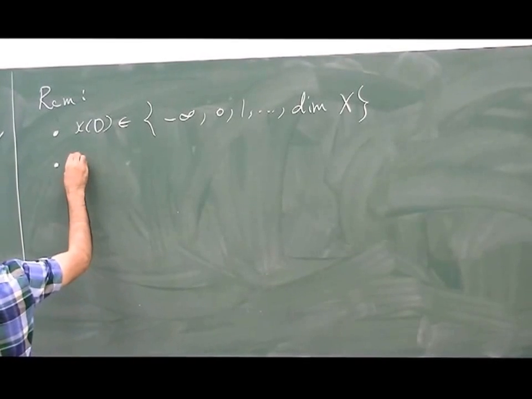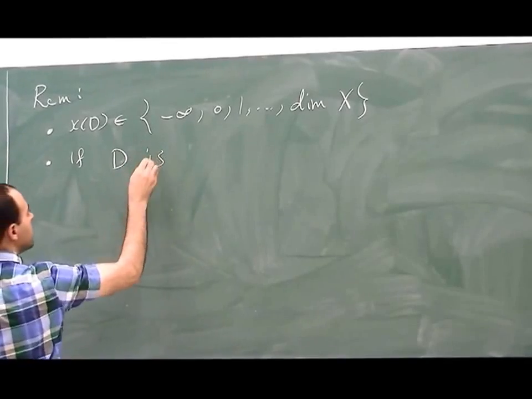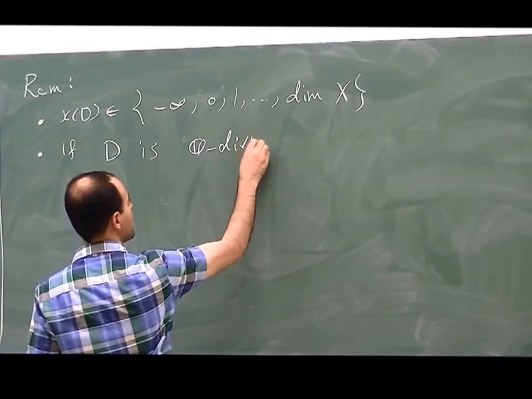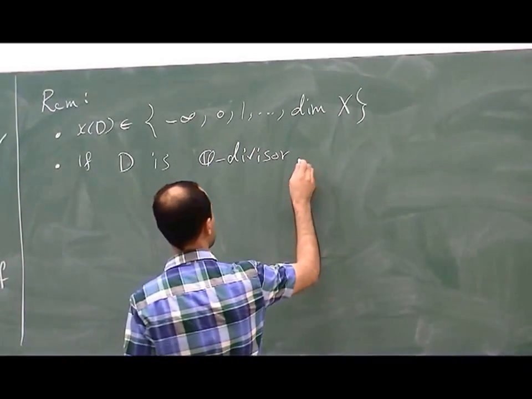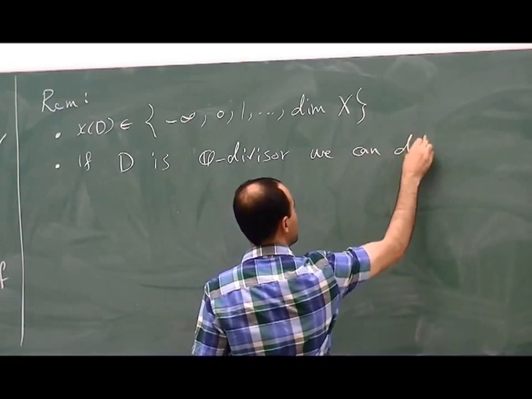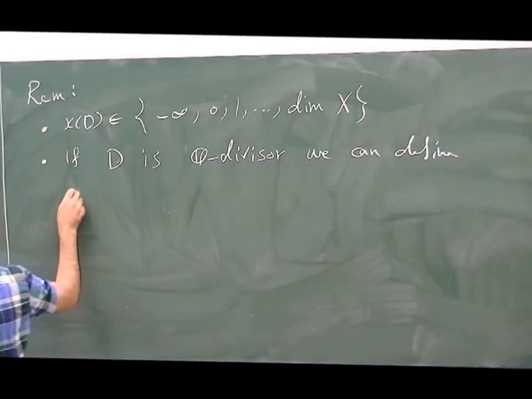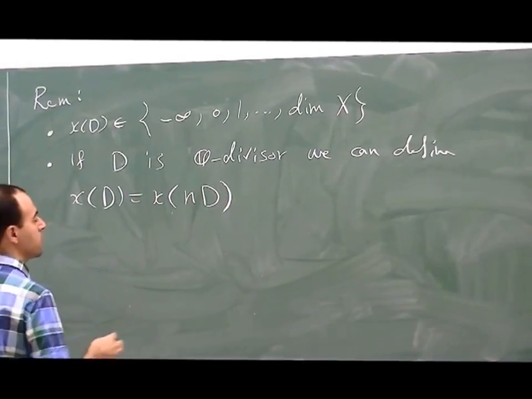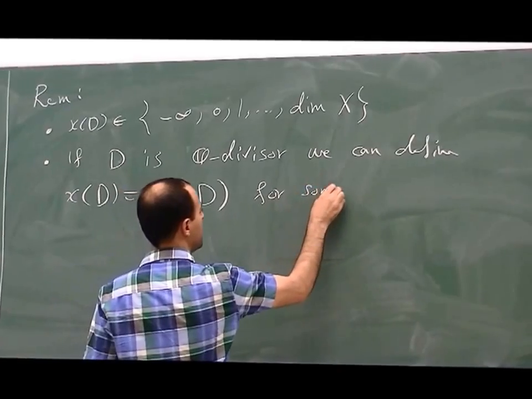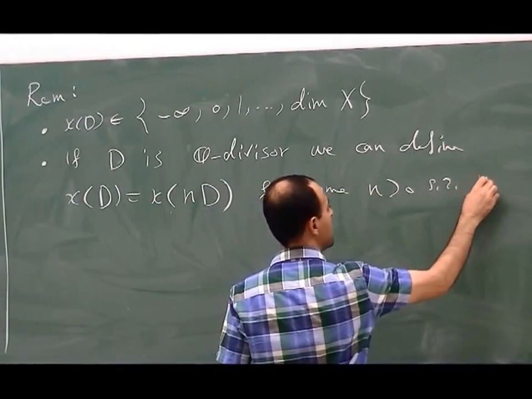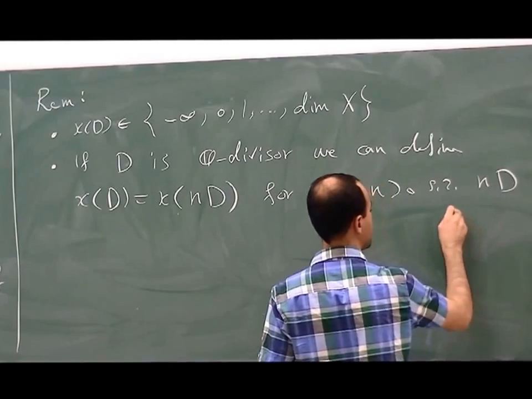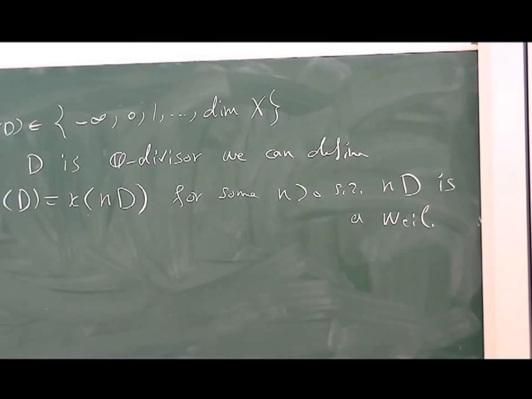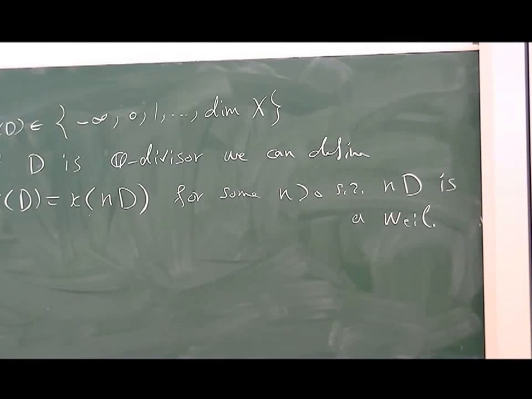And also, if D is a rational divisor, in other words, it has rational coefficients, then we can also define the Kodaira dimension of D to be the Kodaira dimension of some large multiple of D. In other words, you can kill all the denominators and what you will have is all integers, not rational numbers.